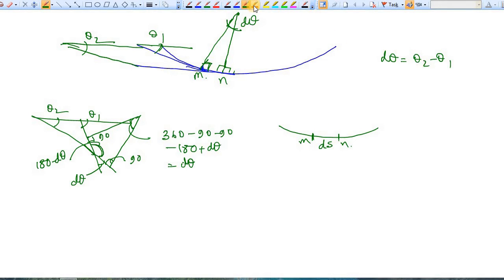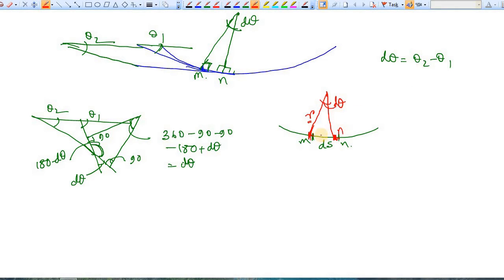Okay, and this angle is d theta. And if this radius of curvature is r, so this is n, this is n.